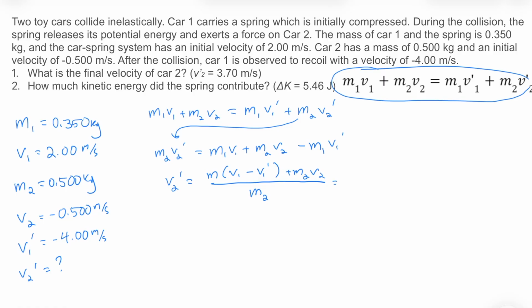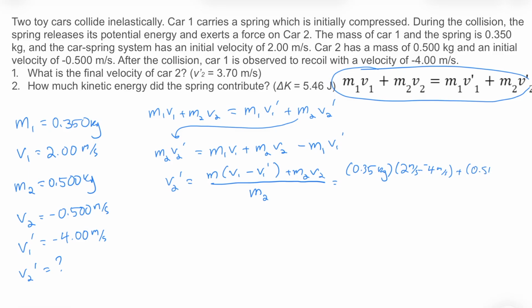If we start plugging in numbers here, we've got 0.35 kilograms times our initial velocity, 2 meters per second, minus our final velocity for object 1, which is 4 meters per second in speed, but it's negative 4 meters per second going in the opposite direction. And then we can add our initial momentum for object 2.